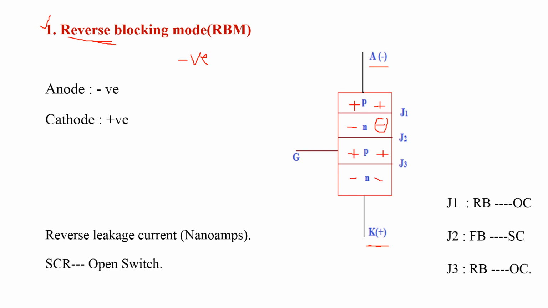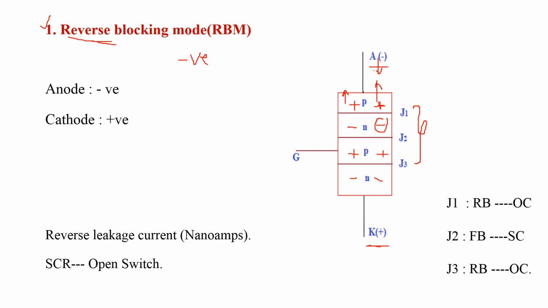Now we are going to find out the behavior of these 3 junctions. Because the anode is negative, there is an attractive force between it and the positive charge carriers, meaning holes present in the P layer move upwards.